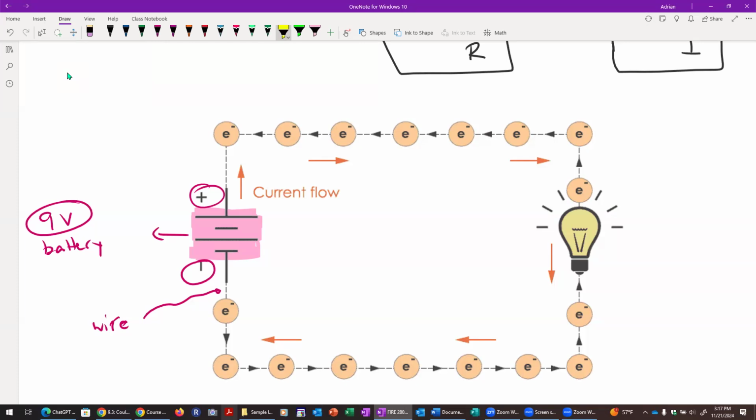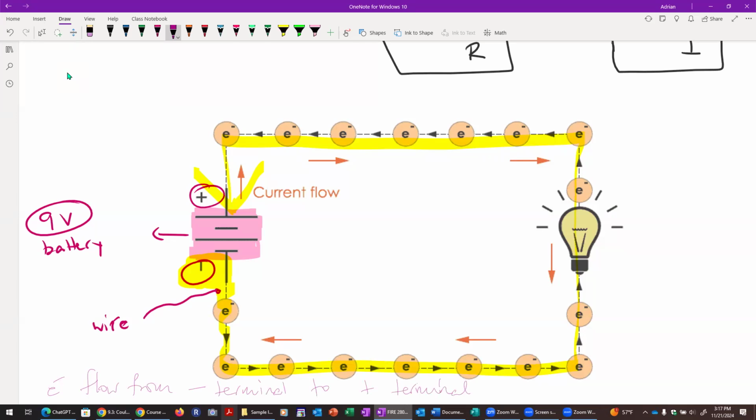They are repelled from the negative terminal, and they move towards the positive terminal along this wire. So your electrons flow from the negative terminal of the battery to the positive terminal.